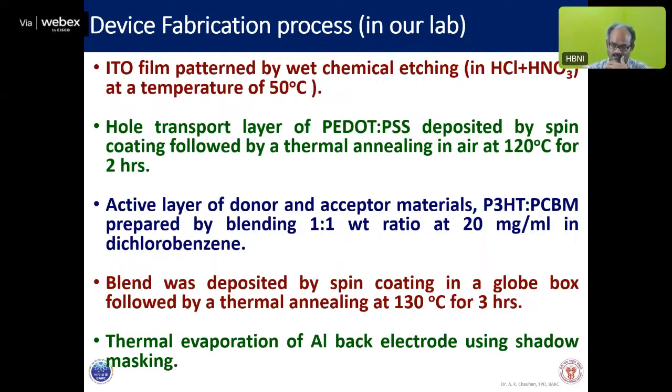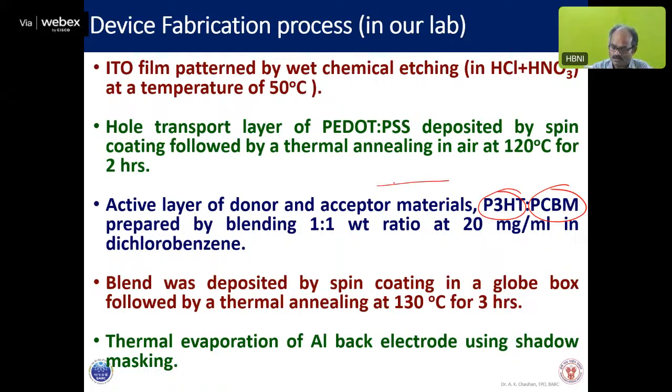So first, the ITO is patterned by chemical etching. Then PEDOT:PSS is deposited by spin casting, and then some heat treatment is given. Then the active layer is deposited by blending these two. This is your donor, this is your acceptor. You mix both of them together and blend for several days. After that, you will have a very good blended material, and that material is then spin casted over PEDOT:PSS.